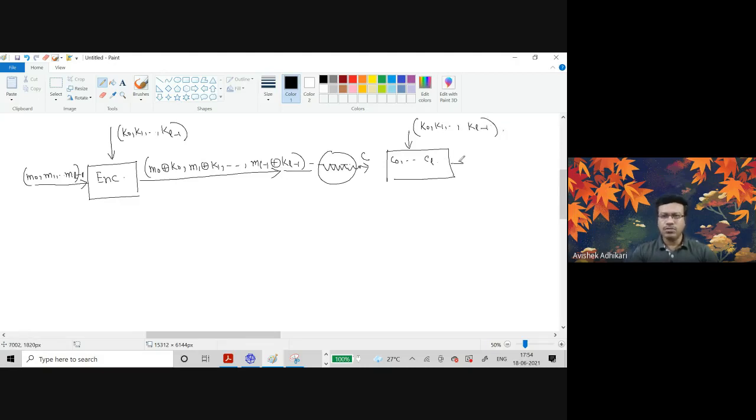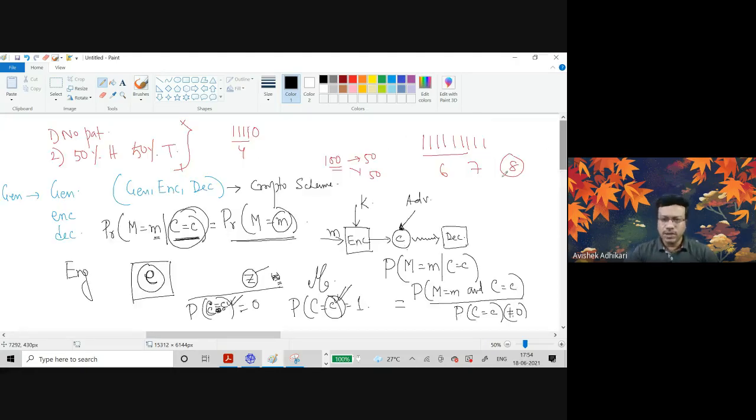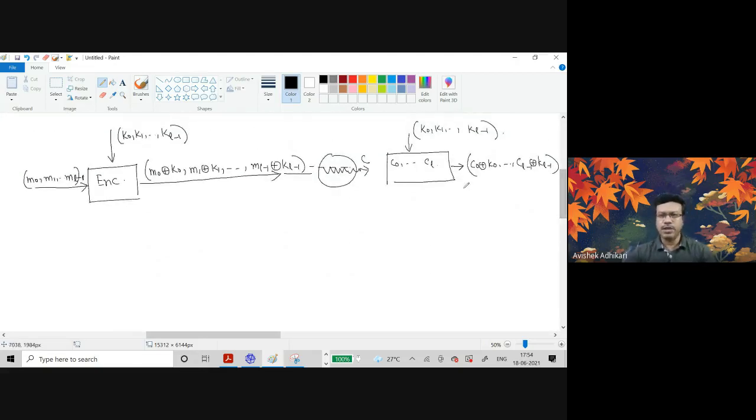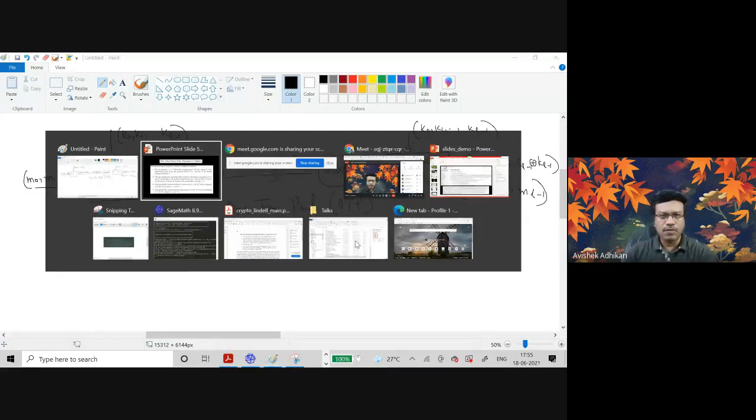When you do C0 XOR K0 up to C(L-1) XOR K(L-1), you will get back the plaintext, which should be equal to your M0, M1 up to M(L-1). So that's exactly the one-time pad. OTP, not one-time password.